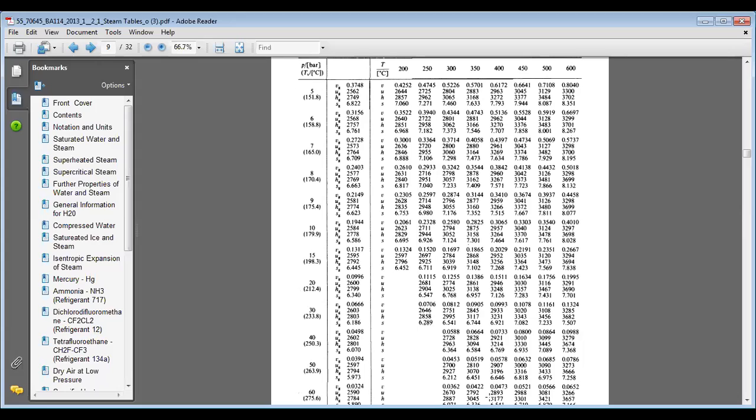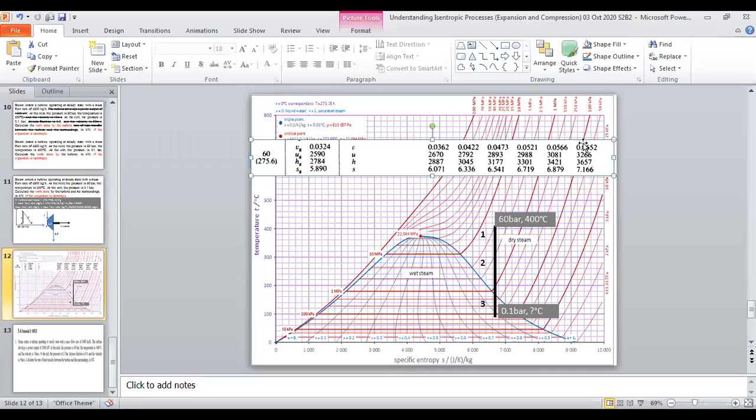Here you have the values, so you can see the Hg value 3177. So if you go to this fourth here, 3177 is the value of H1.